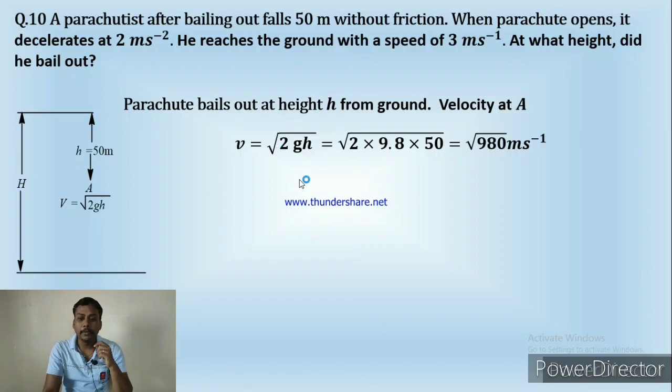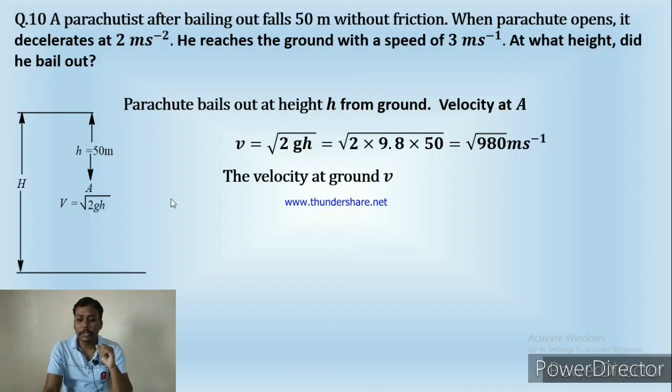So at A, v is equal to root of 2 into 9.8 into 50, that is 980. So the velocity of the parachutist at A is root 980 meter per second. Now the velocity at the ground is 3 meter per second.